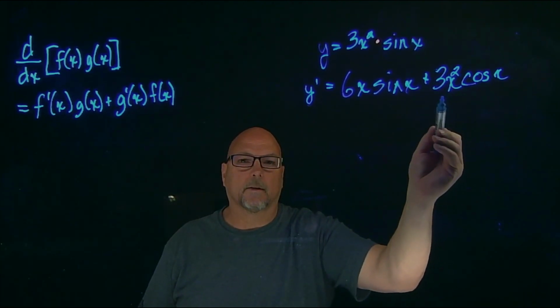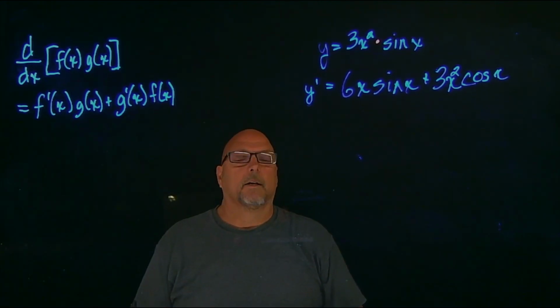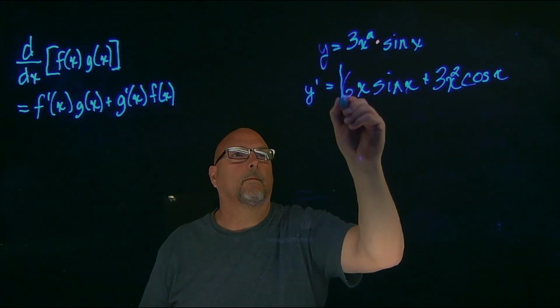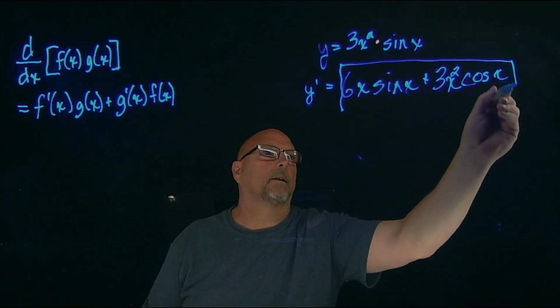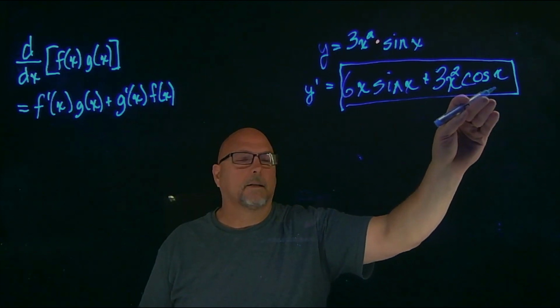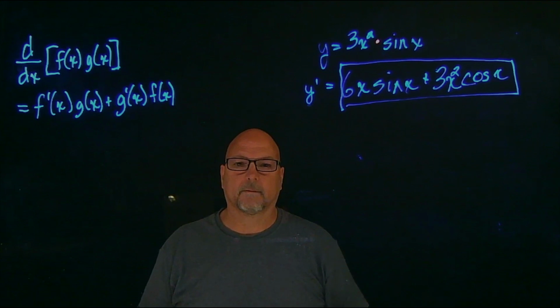So that's why I left this little space here, just because I knew it was going to simplify that way. So there you have it. That is a kind of a one-step problem. 6x times sine x plus 3x squared times cosine x. And that is our derivative.